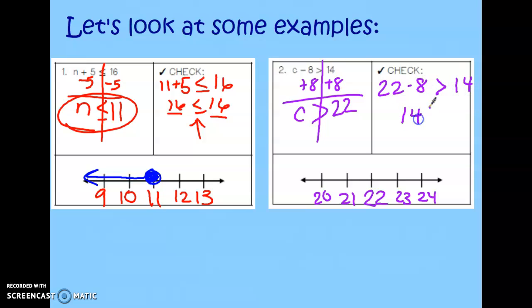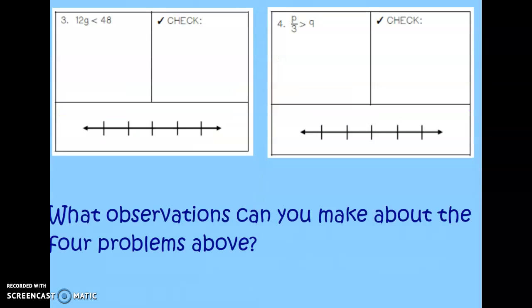That gives me 14. My numbers are the same, but this is not a true statement. So that means I'm going to have an open point when I go to graph it. So my open point on the 22, and greater than, so I'm shading to the right. All right, here's our next example.